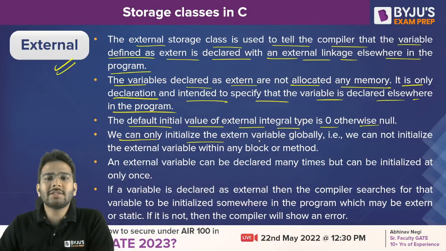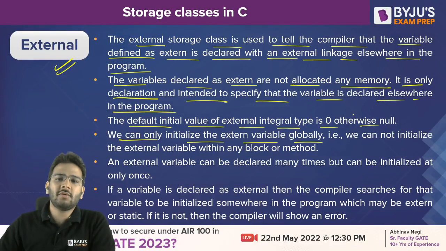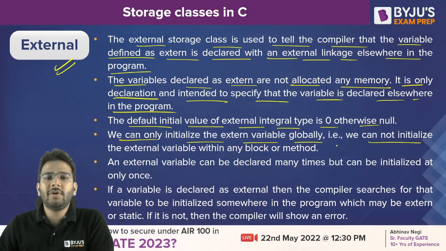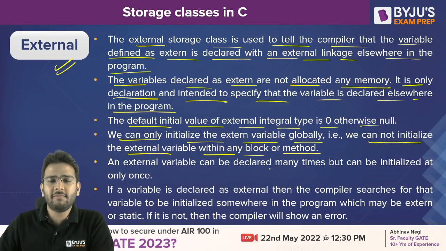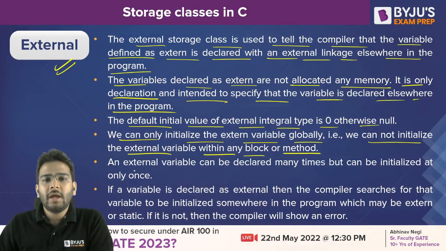We can only initialize the extern variable globally. So whenever you want to initialize the extern variable, we have to do it globally. We cannot initialize the extern variable within any block or any method. This is also very important, and we will see through examples. An extern variable can be declared many times but can be initialized only once.